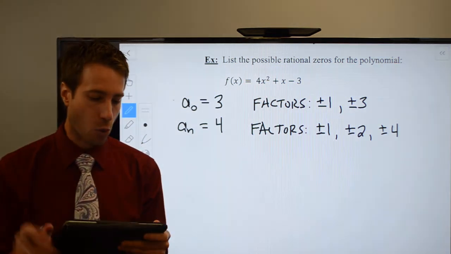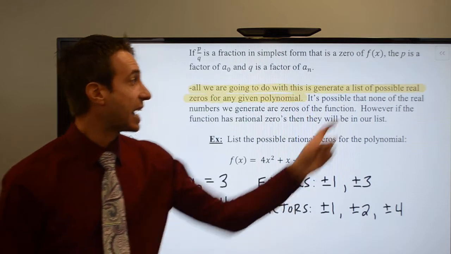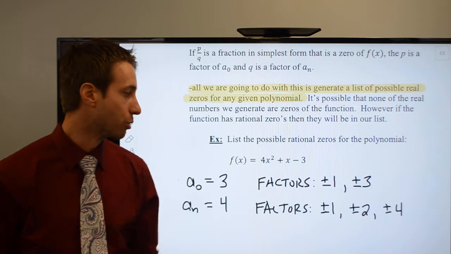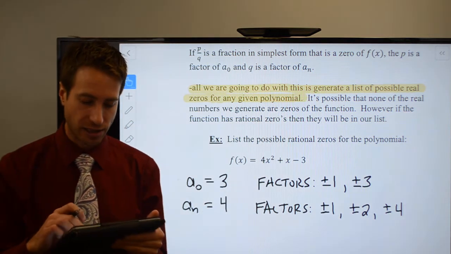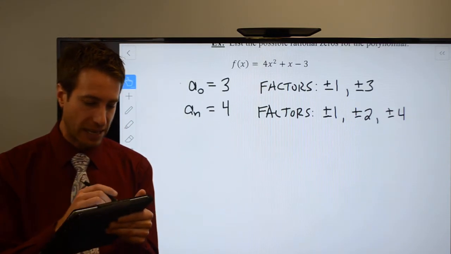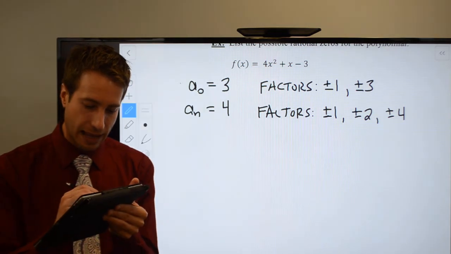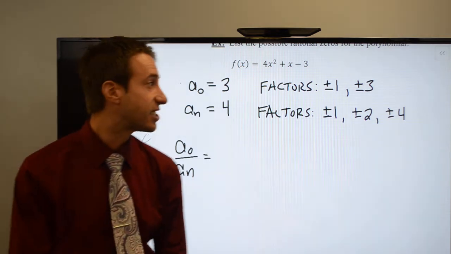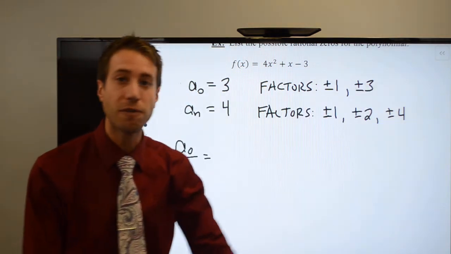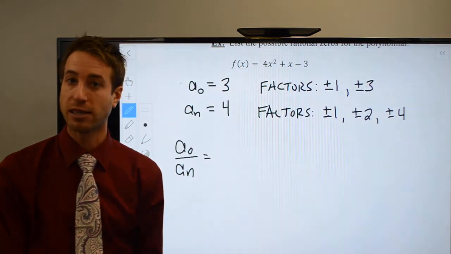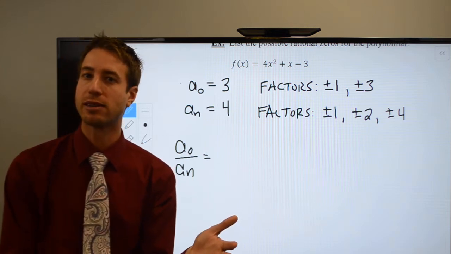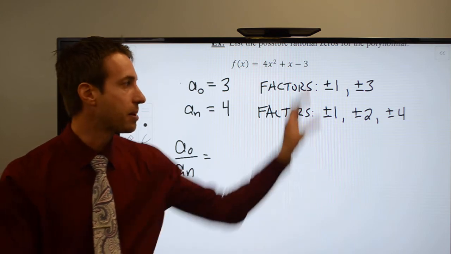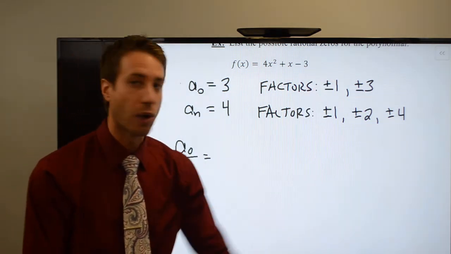Your list. Remember, what we're doing is we are writing a list of all possible rational zeros for this polynomial. Here's the list. The list is going to be a naught over an, and you're going to systematically work your way through the factors to get all possible combinations. Just like with Descartes' rule, same thing here. We want all possible combinations of the factors to write our list.